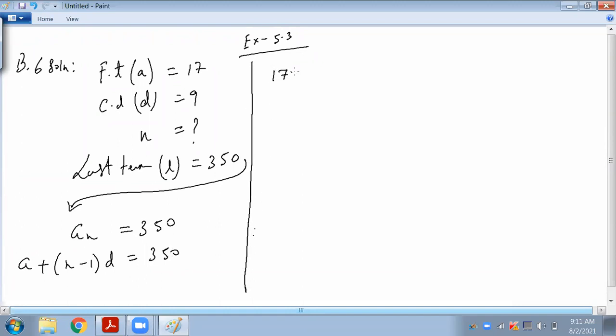a is 17, and n we don't know. d is 9. Now multiply and remove the bracket. n into 9 is 9n. Minus 1 into 9 will be minus 9. Now 17 minus 9 is how much? 8.